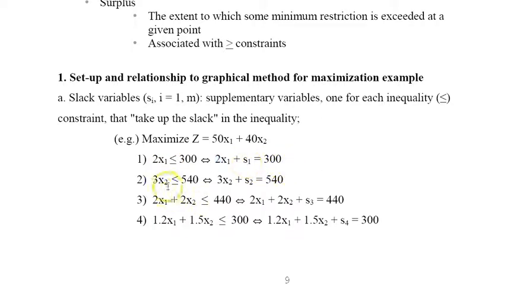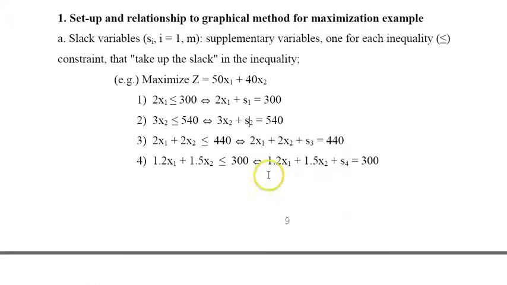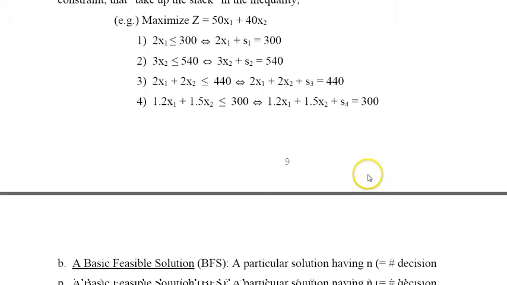Same thing here. So 3x2 less than or equal to 540 becomes 3x2 plus s2 equals 540. This constraint becomes 2x1 plus 2x2 plus s3, so that's the slack for the third resource, equals 440, and the fourth constraint is 1.2x1 plus 1.5x2, and then I add the fourth slack, equals 300.